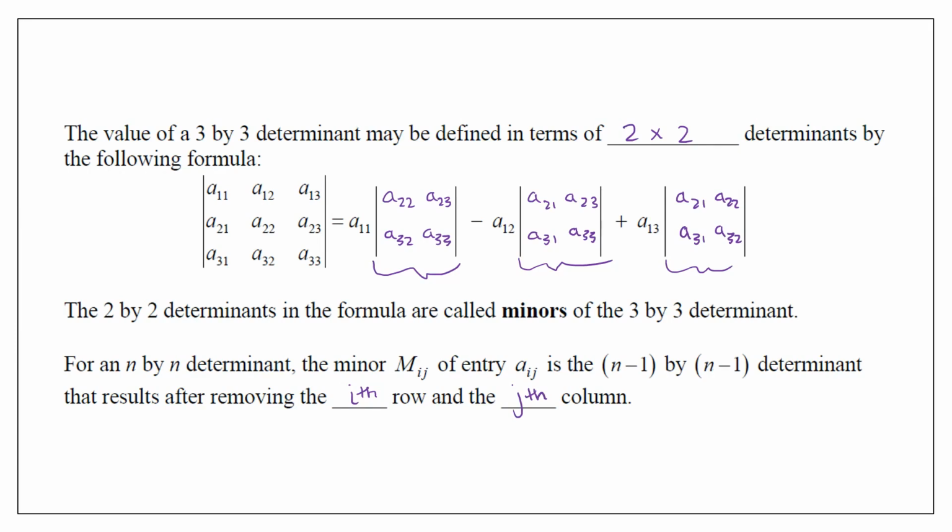So in other words, we found the determinant by applying the 2 by 2 determinants to the first row.